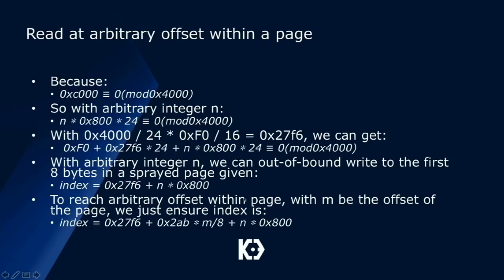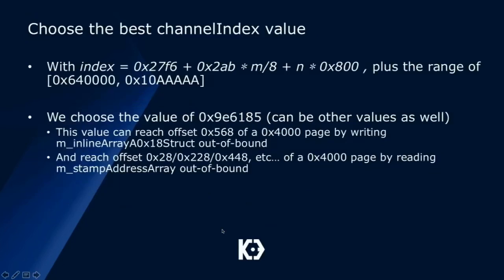And the next problem is to reach the arbitrary offset within the page. With M being the offset in the page, we just ensure that the index equals this, and we can reach an arbitrary offset within the page. So we resolve this problem.